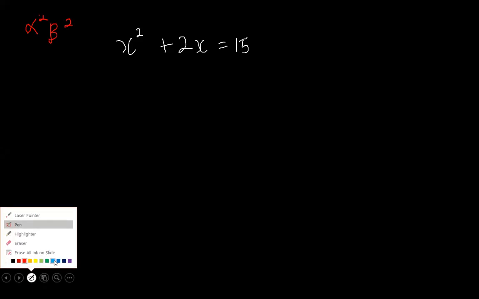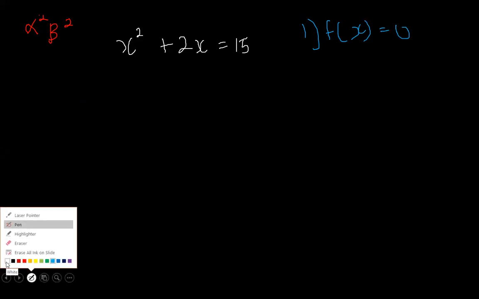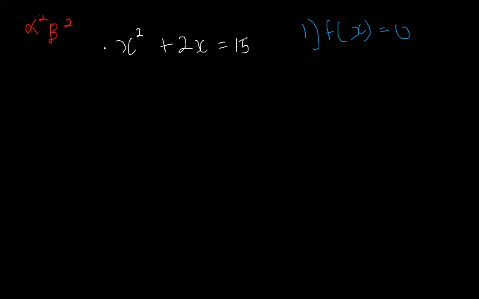So step one, make sure that f of x is equal to 0. Is this equal to 0? No. Right, so anybody tell me what I would write here to make this equal to 0. Carry across the 15, so it will become negative 15. x squared plus 2x minus 15 is equal to 0.